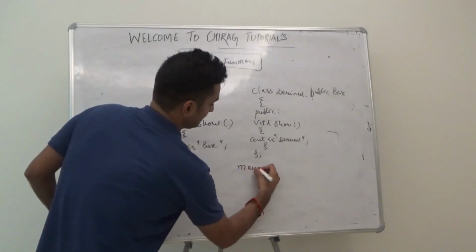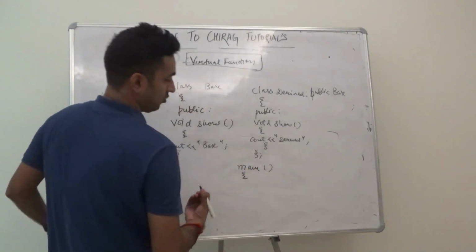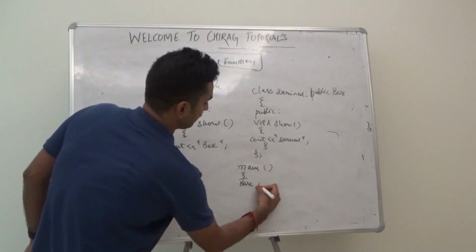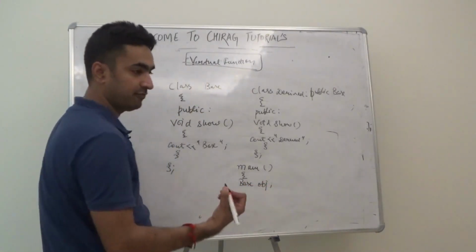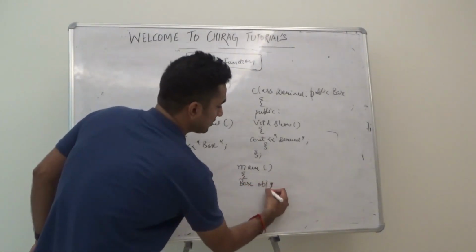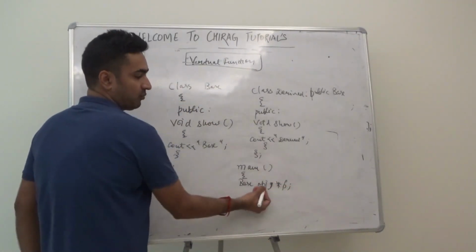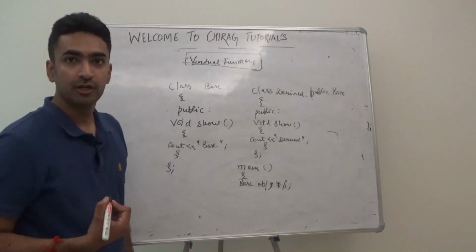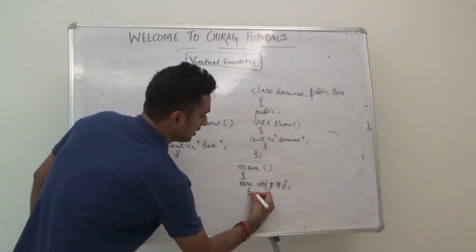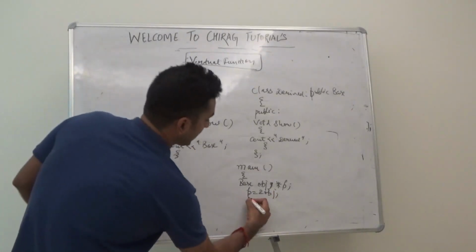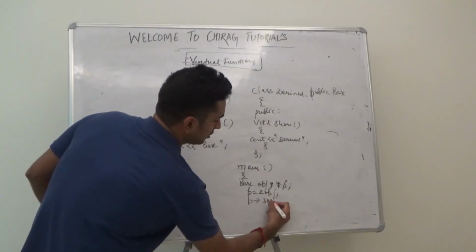In main I'm creating the object of the base class. I'm writing Base followed by obj, the object of the base class, and a base class pointer means this ptr will point to the object of the base class. So I'm writing p storing the address of obj, and I'm calling the function show using p arrow show.